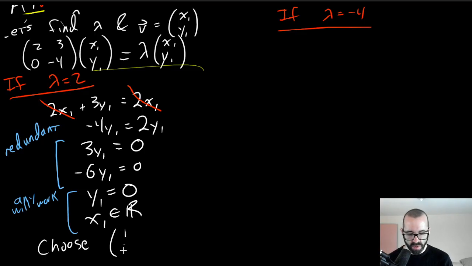I'm going to choose the vector 1, 0. Let's choose x to be 1 and y has to be 0. So that's a vector that goes with this lambda. And you know what? Let's call this our first lambda. Let's call this our second lambda. And this is our first vector that goes with that first lambda.